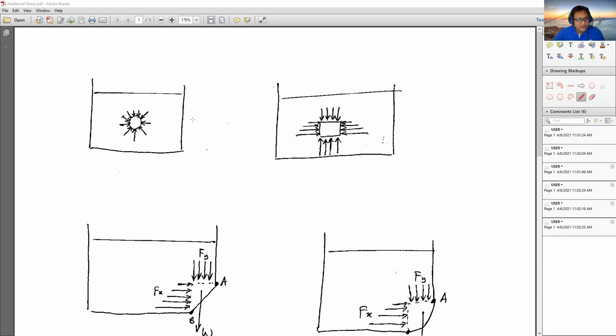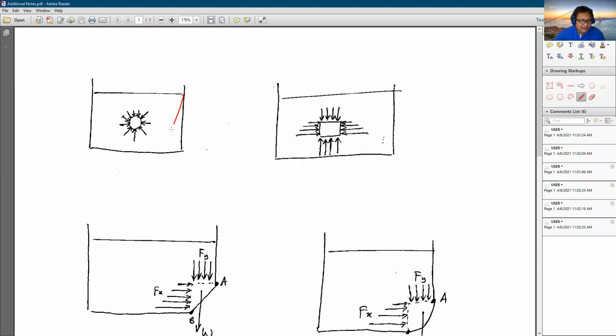If you can recall, if you have a tank filled up with water or any kind of fluid, the pressure will increase. Pressure becomes higher as you go deeper.